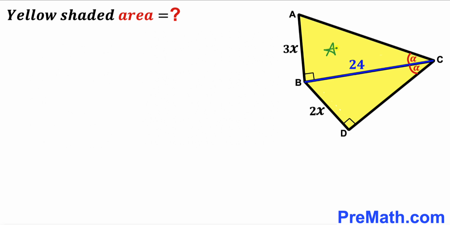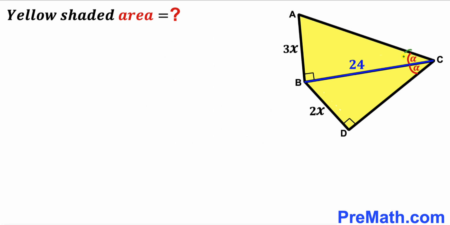We have got these two right triangles, triangle ABC and this other right triangle BCD, put together as you can see in the given diagram, such that they share this side BC, which is 24 units. Moreover, angle ACB is alpha, and angle DCB is alpha as well.